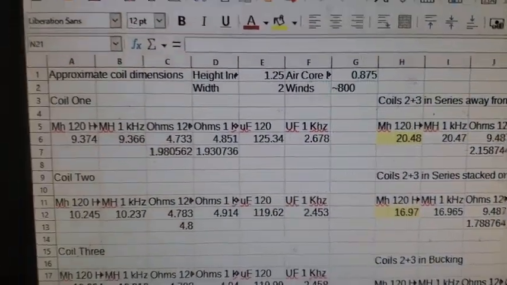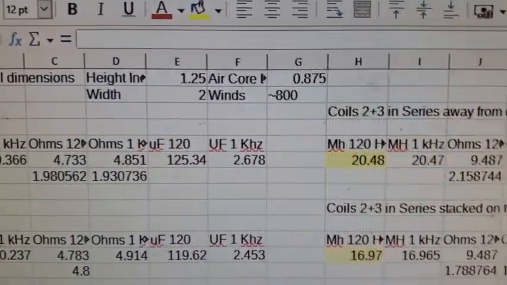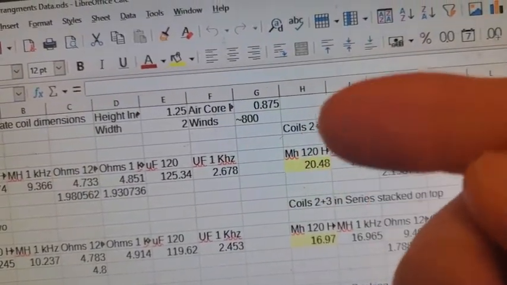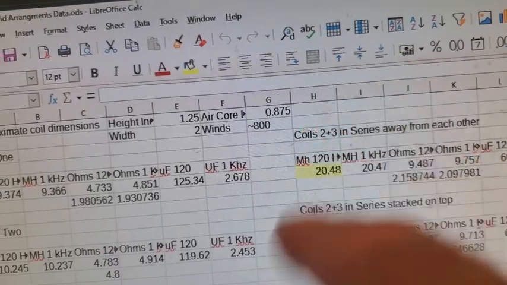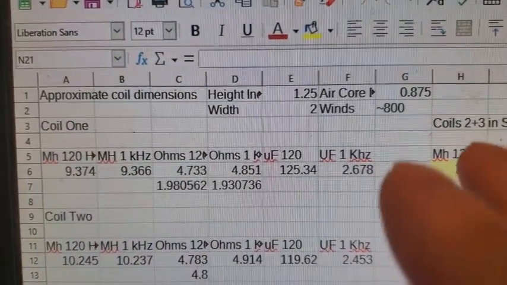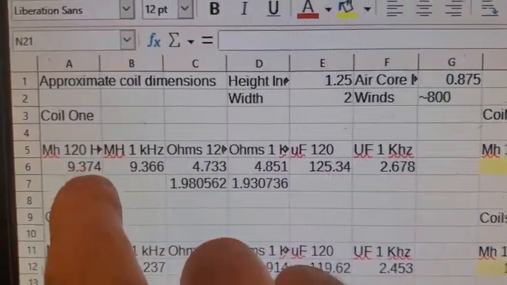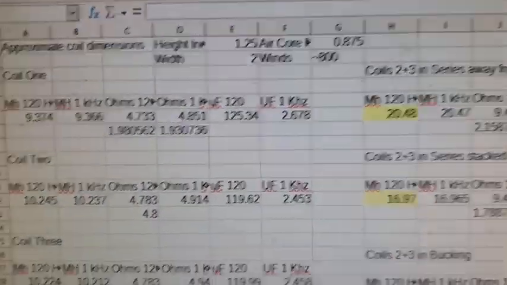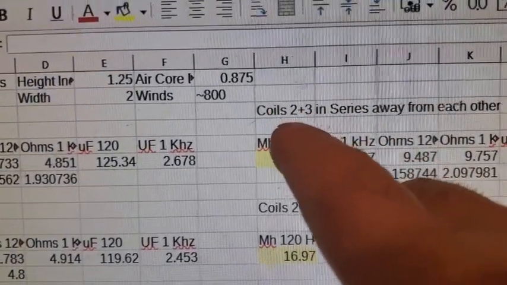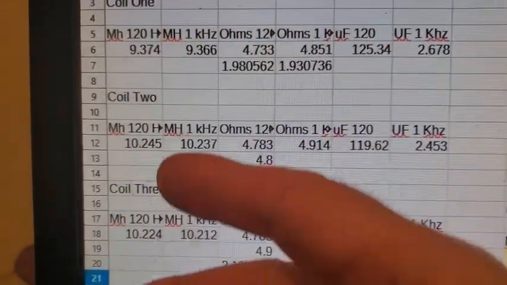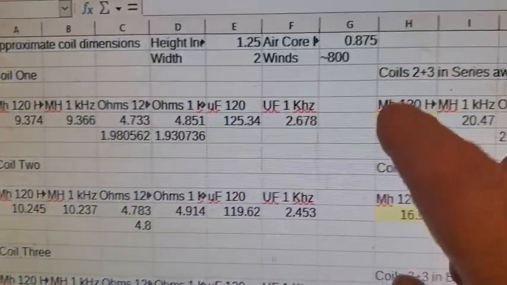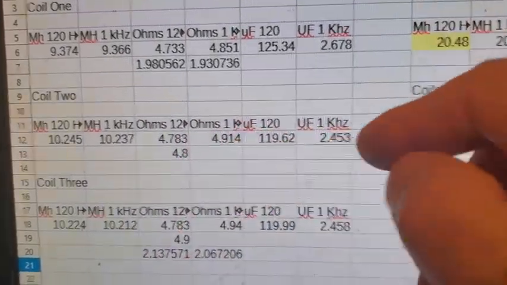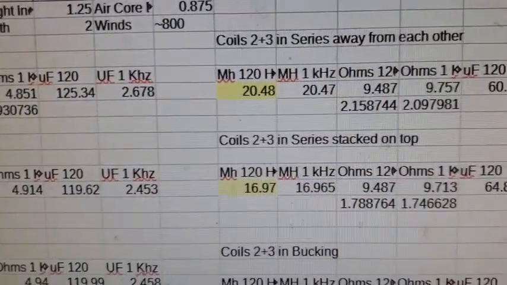A second thing, which I'm trying to process and understand, is again going back to Faraday, that it's rate of change of magnetic flux giving you the magnitude of the EMF. So if you have two coils in series, the inductance doubles, and this is coil 2 and 3 in series. So those two double, this doubled. The resistance is twice the length of wire, so the resistance doubled.